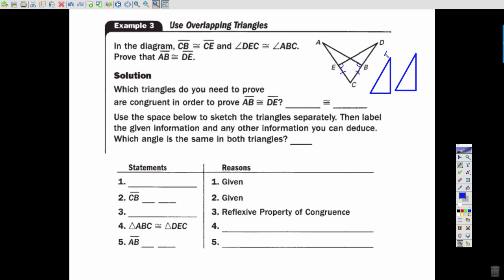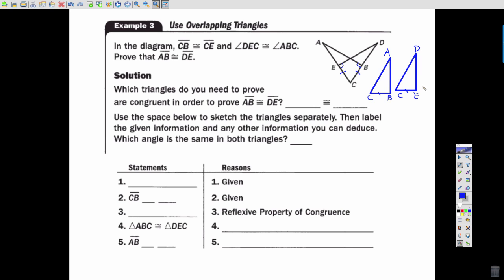So if I do A, B, C here, and then this one, the corresponding side of AC would be DC, so it would be DCE here. So we said BC is congruent to CE.